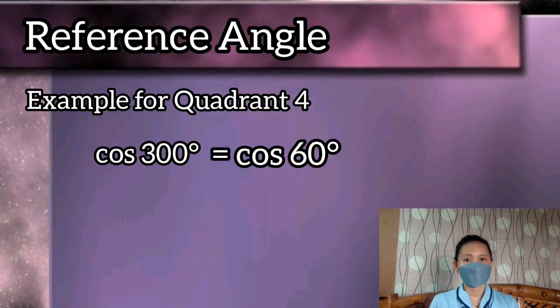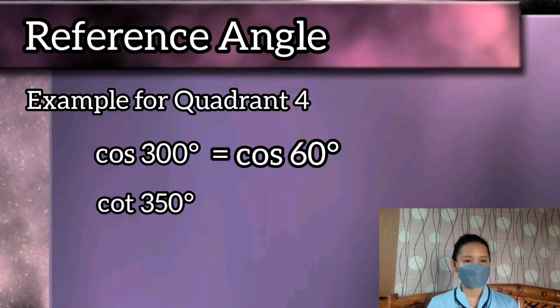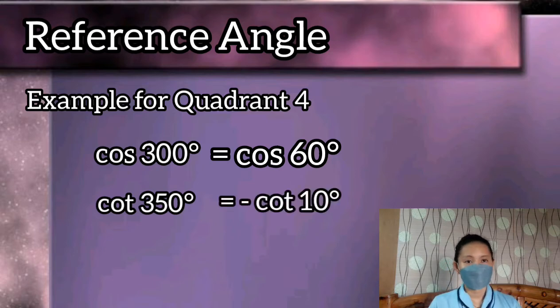So who wants to solve for cotangent 350 degrees? Okay. Yes, that is right. That is negative cotangent 10 degrees. So it is negative because cotangent is positive only in quadrant 3. So it is negative cotangent 10 degrees.